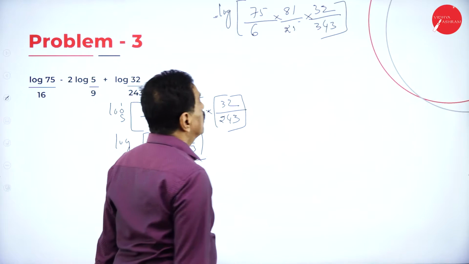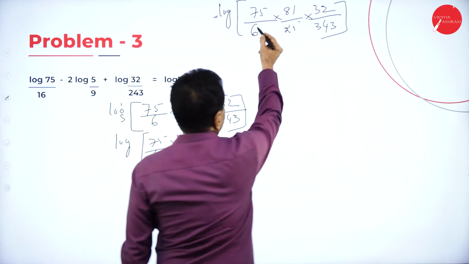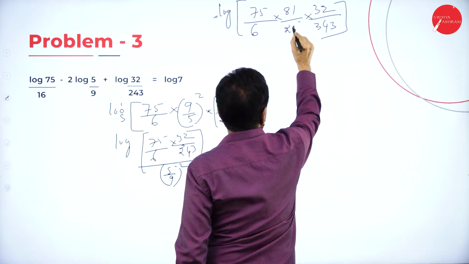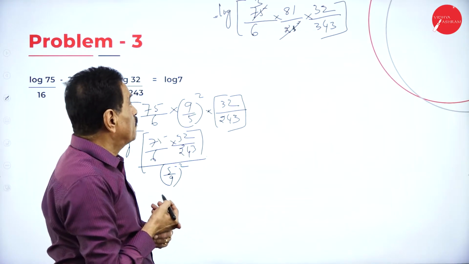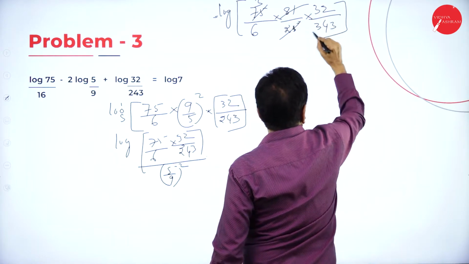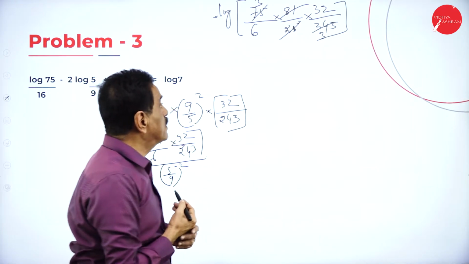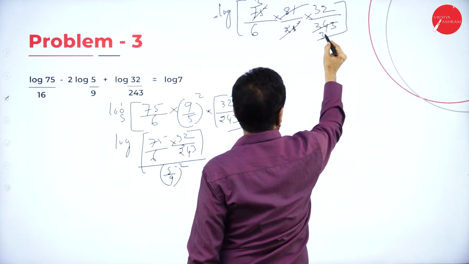Simplify this. So 25, 3 is 75, 81, 3 is 243, the 3 cancelled out.